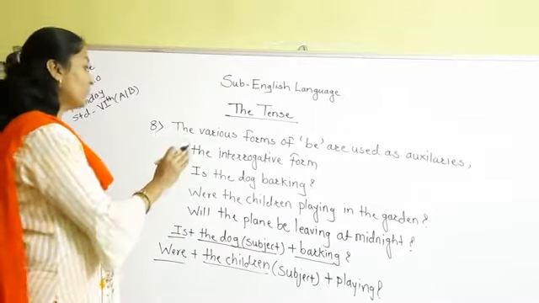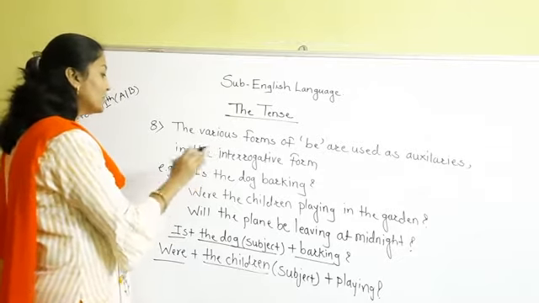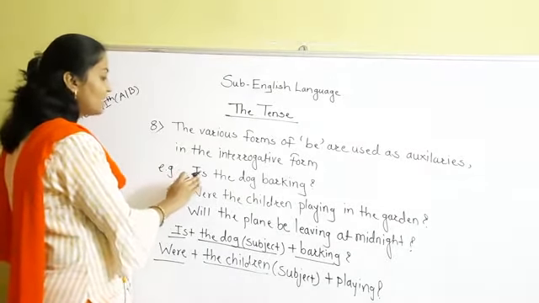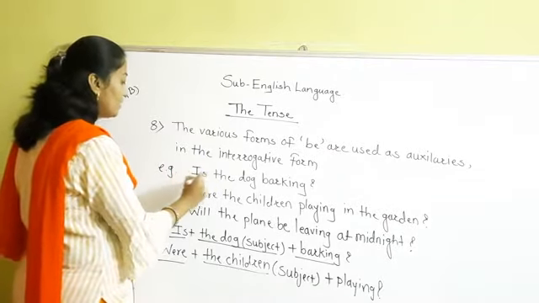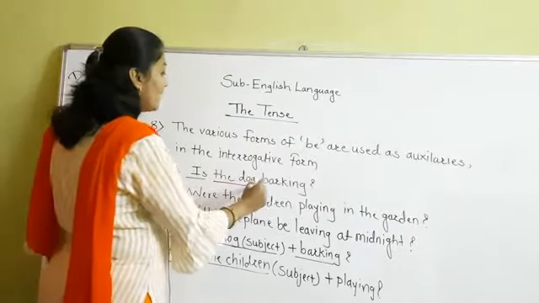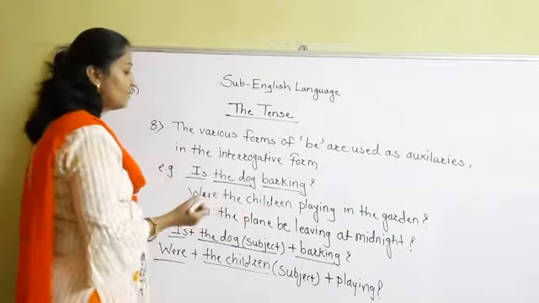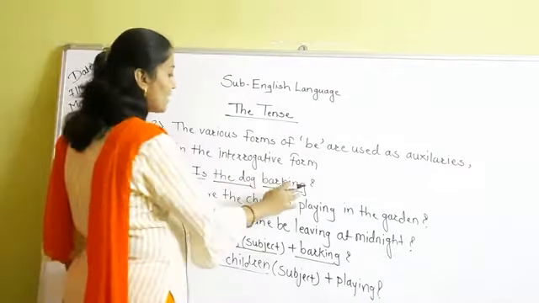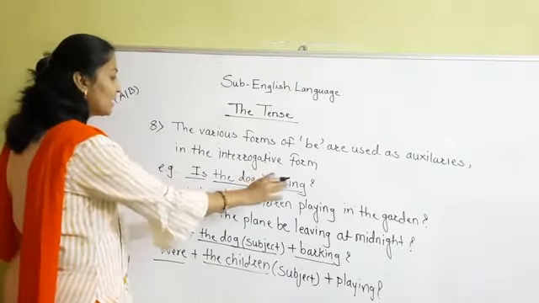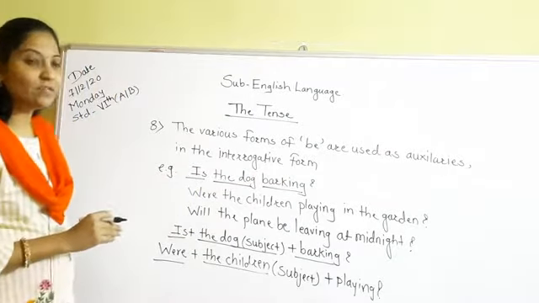So here we have to use that auxiliary verb in the starting, is, then we have to write down the subject, that is the dog. And then we have to write down the verb plus ing, that is barking, in the last. Then we have to give the question mark. Okay, is the dog barking? This is our interrogative sentence.